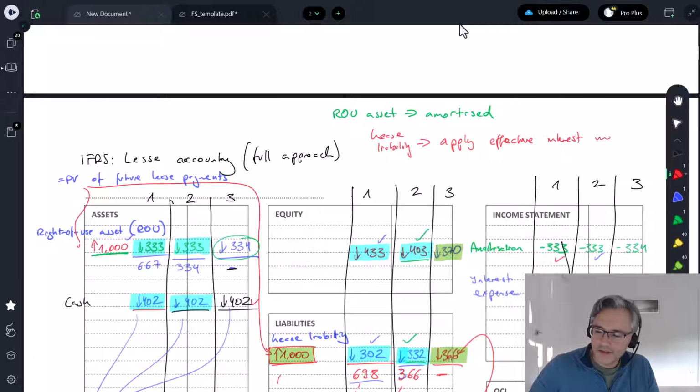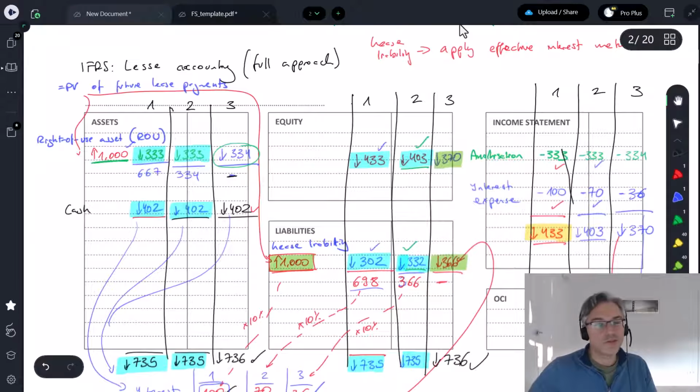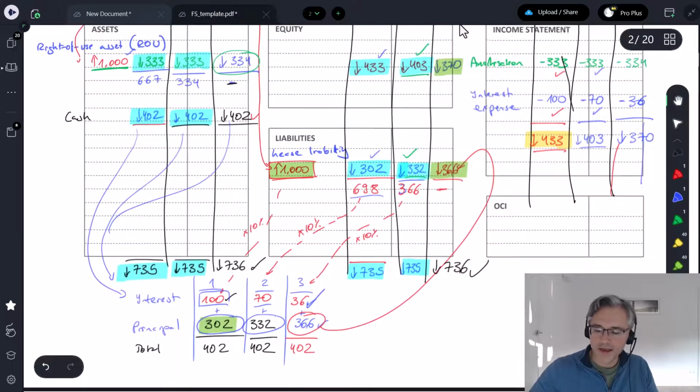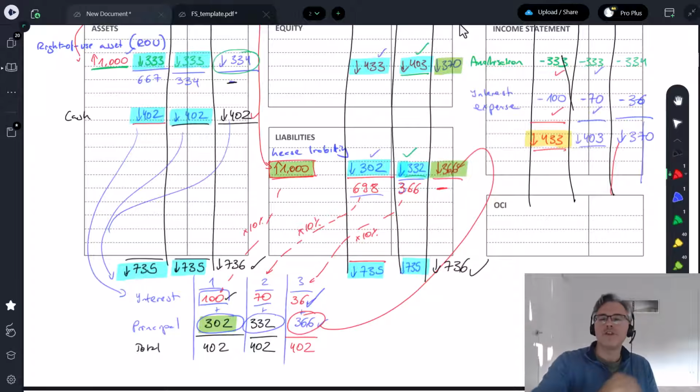An effective interest method is basically applied at 10% to compute the interest expense that goes to P&L, treat everything else as repayment of principal, and you will ultimately reduce the liability down to 0.